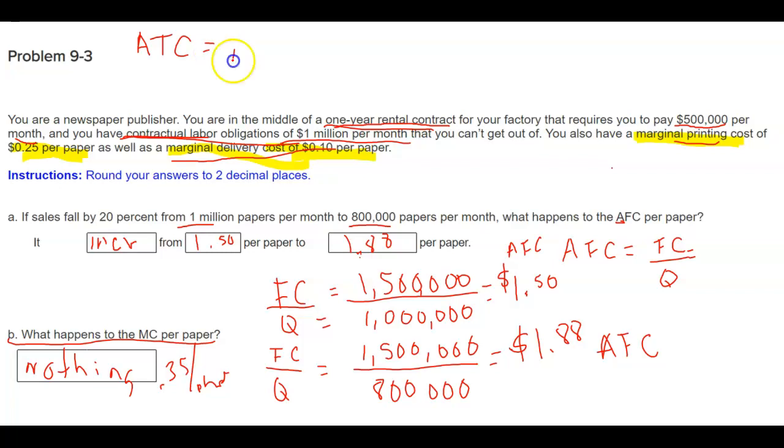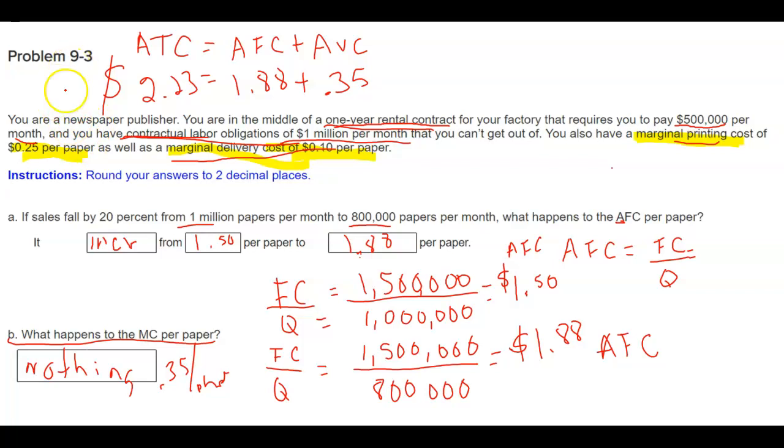It is equal to our average fixed cost plus our average variable cost. So we're going to take $1.88 plus 35 cents, and that is going to give us $2.23. And now the cost of the newspaper has gone up.